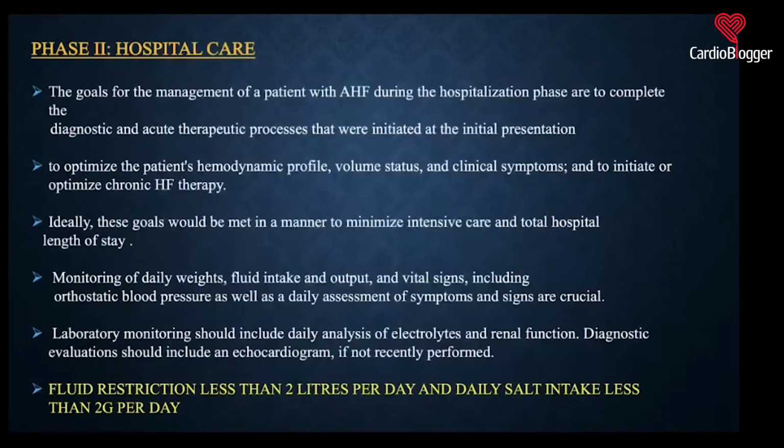Now there are a few other drugs which I have not discussed, which are not in the guidelines. One of the drugs which have come recently in acute heart failure is a cyclic guanyl cyclase stimulator, that is vericiguat. We know that riociguat was one drug which has been used in pulmonary artery hypertension. It is a cyclic guanyl cyclase stimulator.